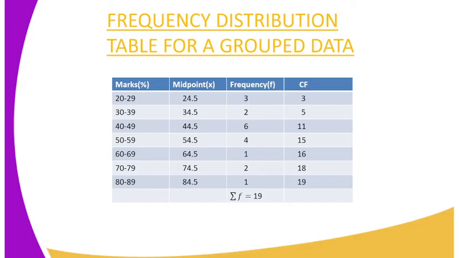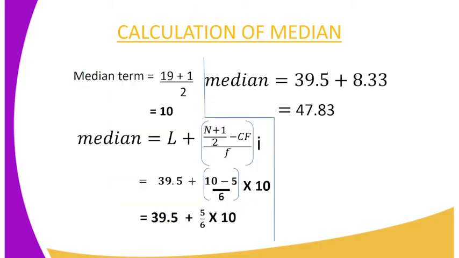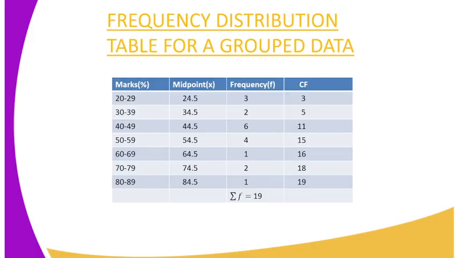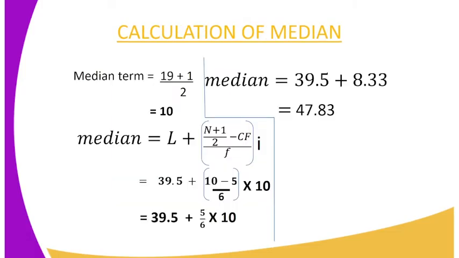And therefore you go back to the formula once more, and at the formula you will insert that 5 there, then you divide by 6, and you go back to the frequency distribution table, and the frequency of the 10th term, which is inside 11, becomes 6. The frequency is 6, and therefore you divide that by 6, and finally you multiply by the class interval, which is supposed to be 10.